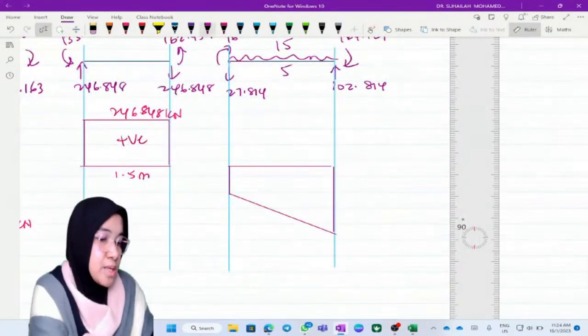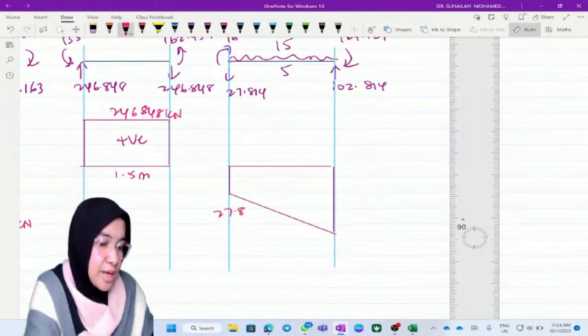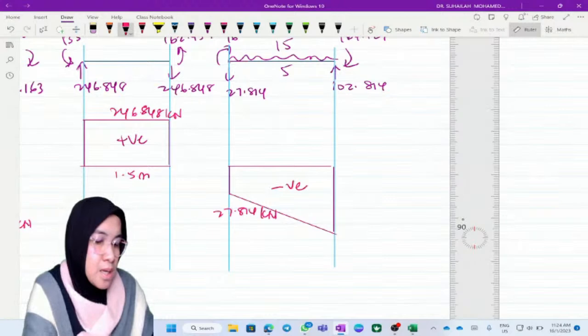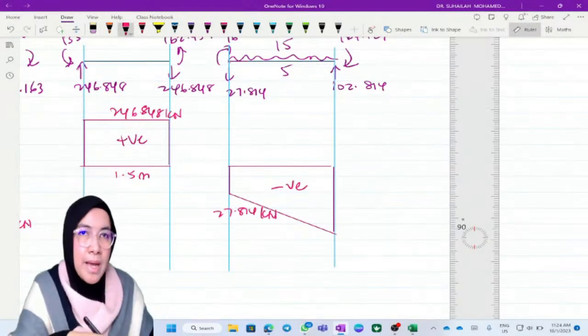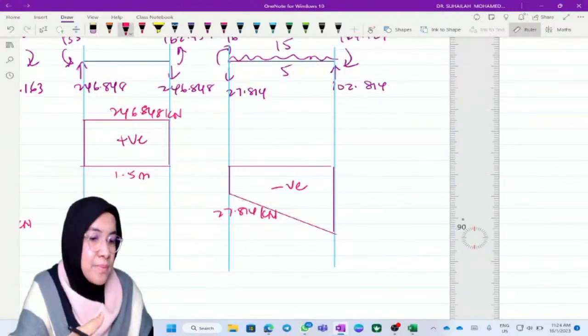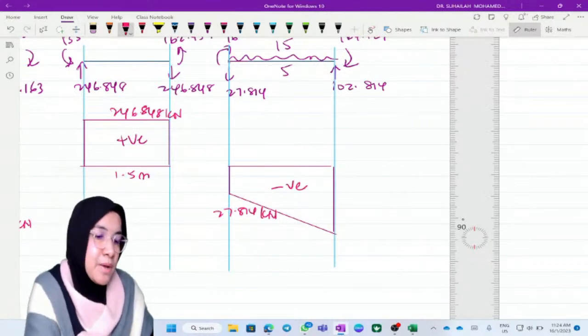Okay, this is 27.814 kilonewton. This is negative. And we minus by 15 times 5, we get in total 102.814 negative. So we plus back with this, we get back to 0.